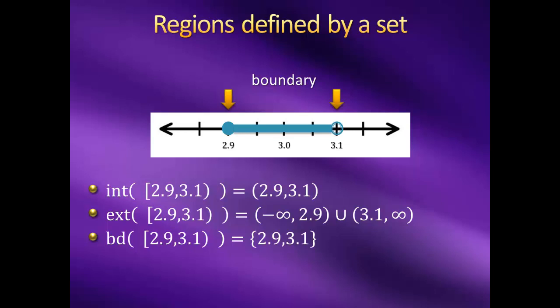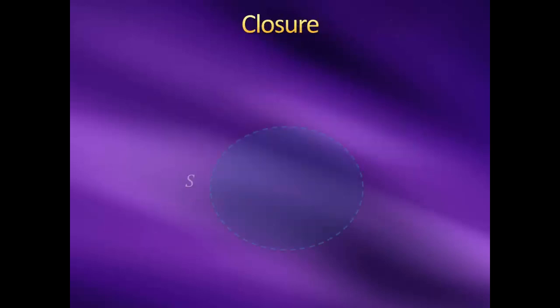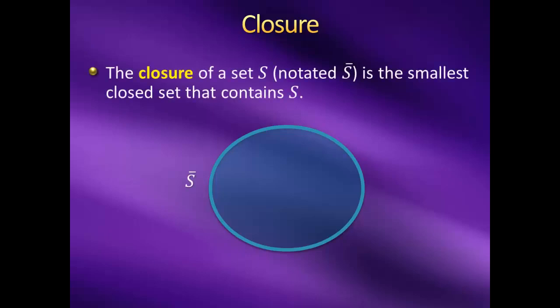By the way, sometimes a set S isn't closed, but since closed sets are often useful for various things, we may want to sort of close it off. So, we might want to add the minimum number of points that will ensure that our set is closed. What we then have is called the closure of S, written as S bar. That's the smallest closed set that contains our original set.